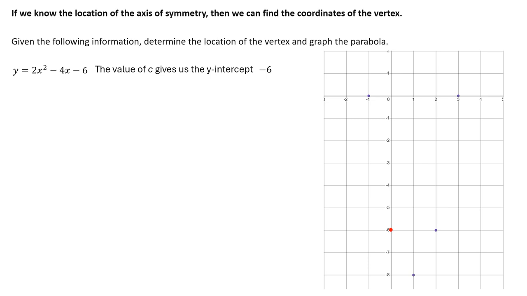Now, let's simplify our equation by taking the greatest common factor of 2. Simplifying it would become 2x squared minus 2x minus 3, which can be put into factored form. 2x minus 3, x plus 1, giving us intercepts of negative 1 and 3.